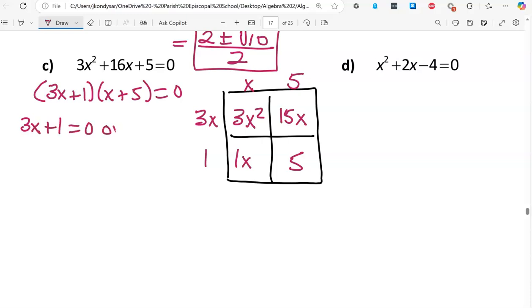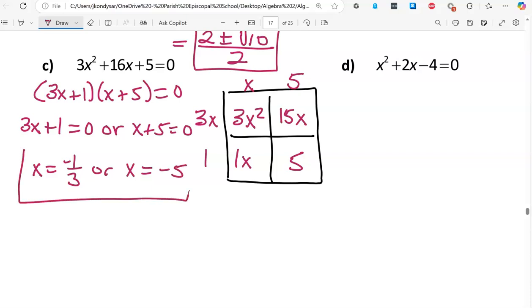Either 3x plus 1 is equal to 0, or x plus 5 is equal to 0. If 3x plus 1 is equal to 0, then x is negative 1/3. And if x plus 5 is equal to 0, then x is equal to negative 5. So we get our two solutions, negative 1/3 and negative 5.